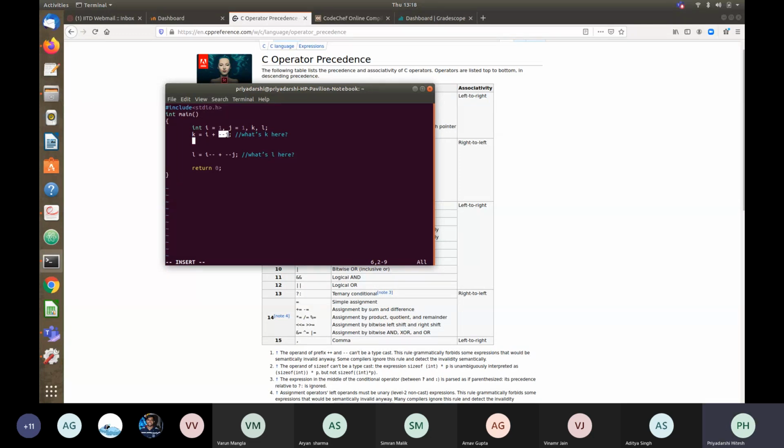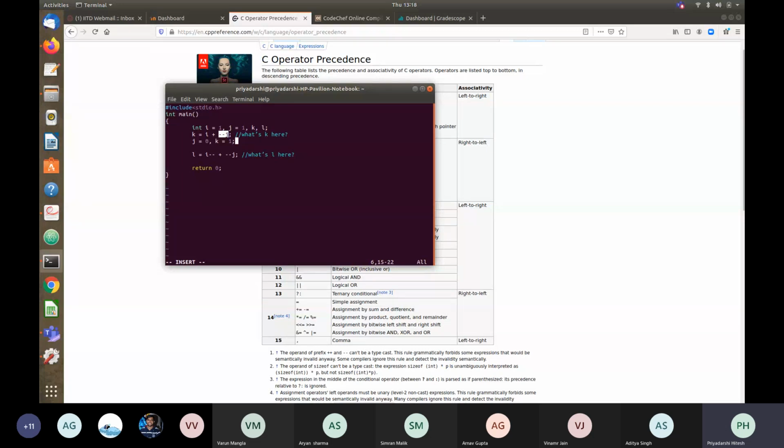It's not j--, it is --j. So first j will be changed to 0 from 1, and i was simply 1, then k will be equal to 1 plus 0, that is 1. It should be 1 in the first case.